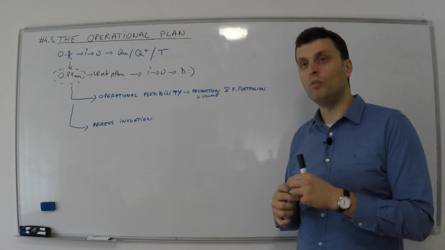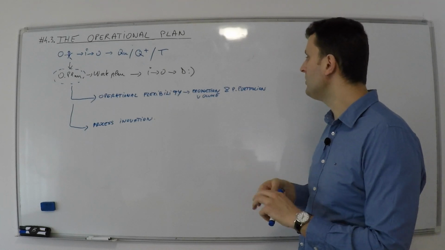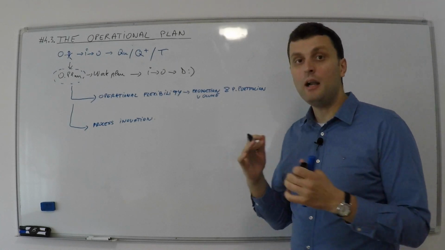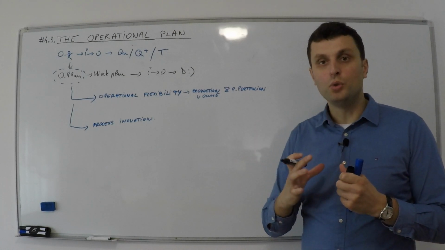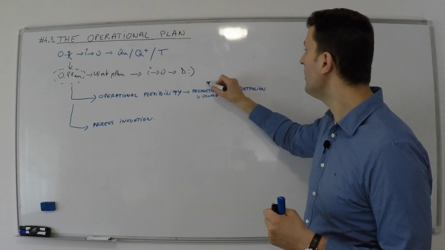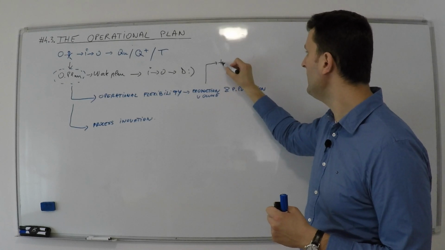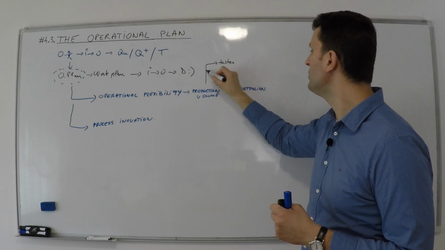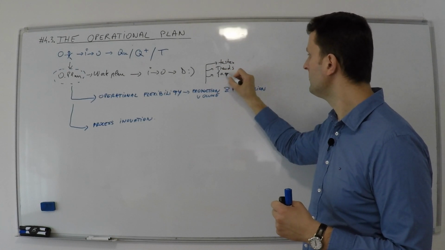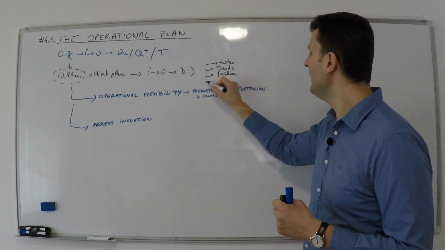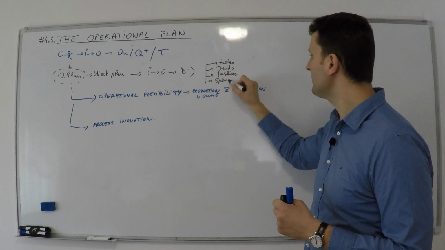Operational flexibility takes into consideration the fact that the entire production process should be able to change and adapt according to what? To tastes, to trends, to fashion, and to spending patterns.